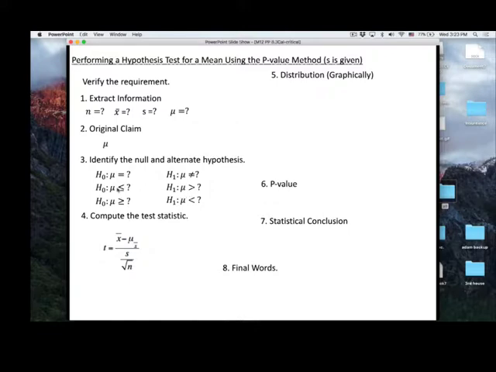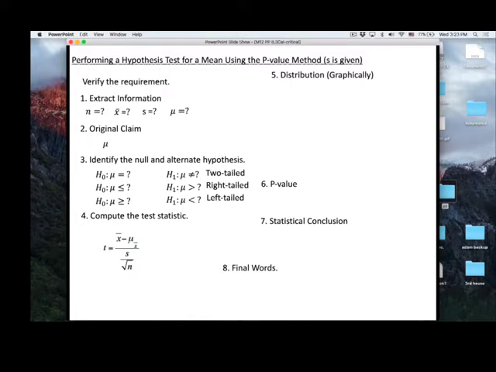After you write down the null and alternate hypothesis, you decide the tail. If the alternate is not equal to, that will be two tail. If the alternate hypothesis is greater than, that will be right tail. Strictly less than, that will be left tail.